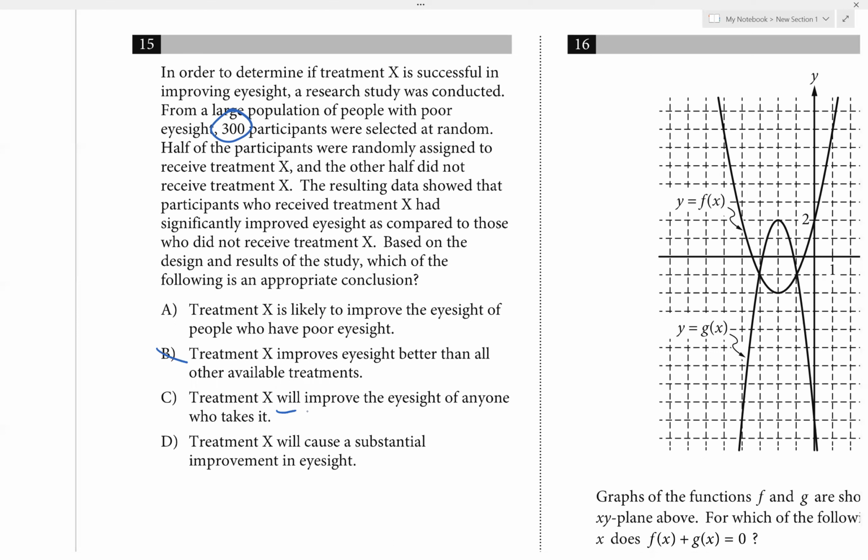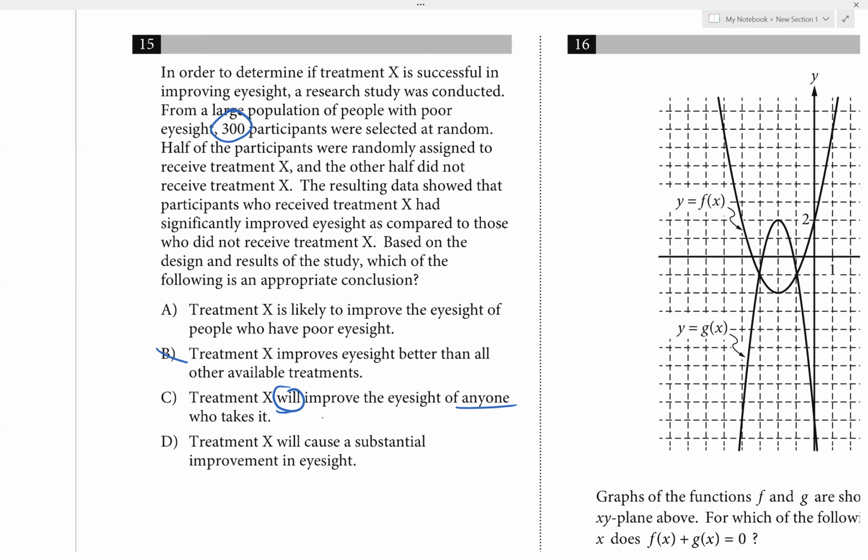I see the problem for C is that this is an extreme answer, because it will definitely work, it will work for anyone. In general, we want to try to avoid extreme answers such as this one, unless we have some evidence to prove it. Otherwise, extreme answers are more likely to be incorrect, because they are more difficult to prove.